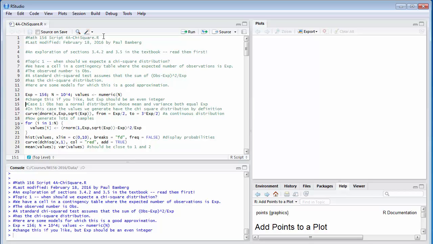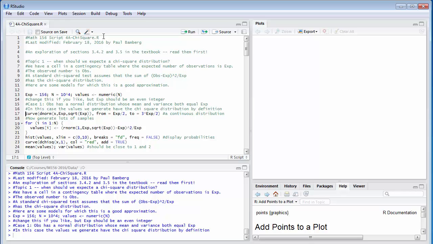The observations come from a normal distribution, and both the mean and variance of this distribution are equal to the value I'm calling exp. In that case, what I get when I divide through by exp is a variable that arises as an example of the standard normal distribution.